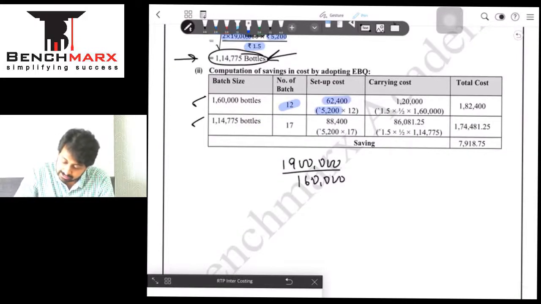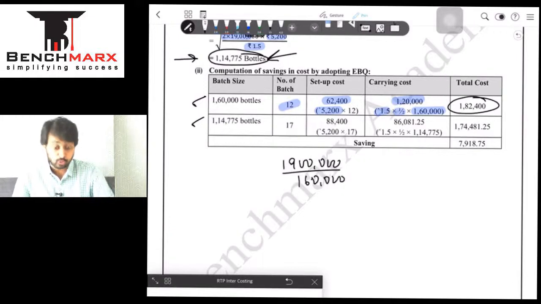Then how did 120 come? Q divided by 2, that is into half, into 1.5 is my inventory holding cost. I get the carrying cost, and 62 plus 1,20,000, this figure is the cost if I decide to produce 1,60,000, which is the non-ORS quantity, at one time.